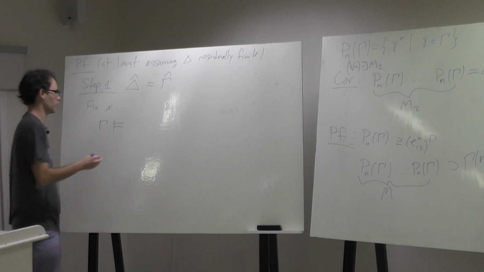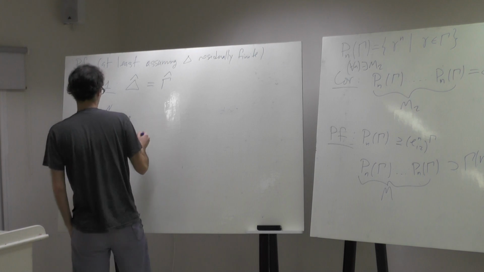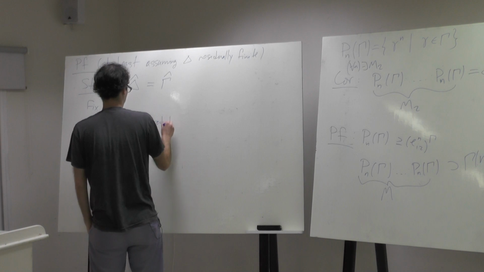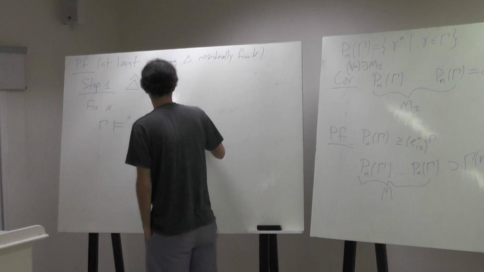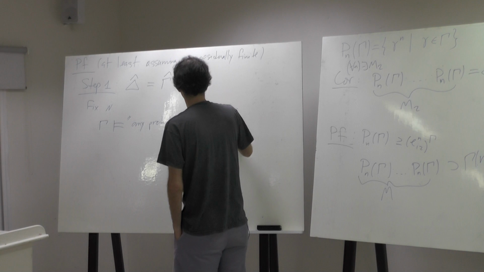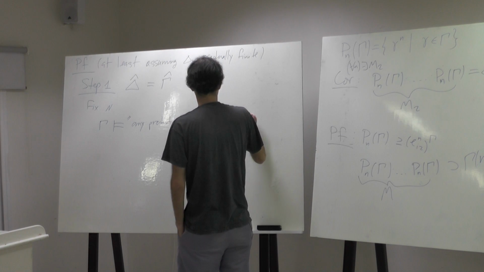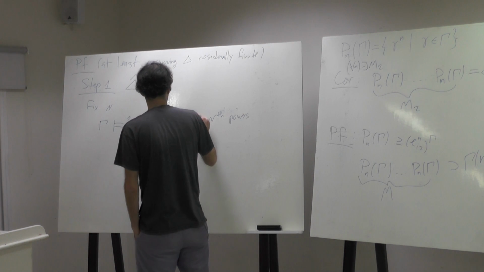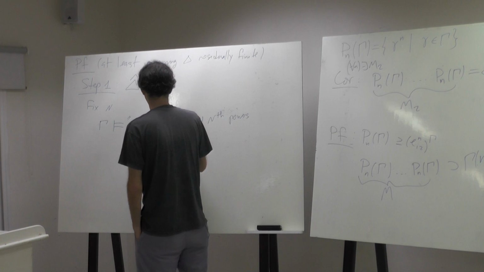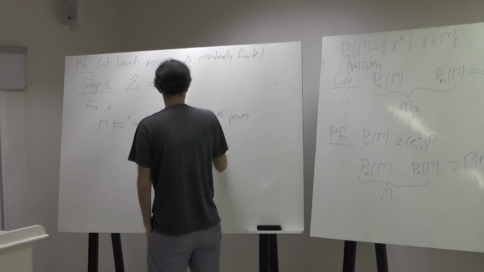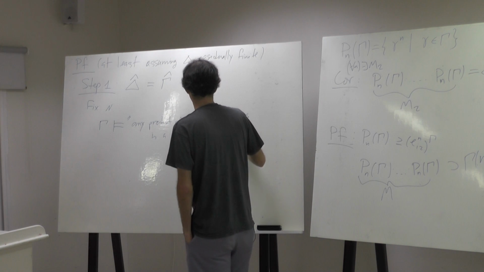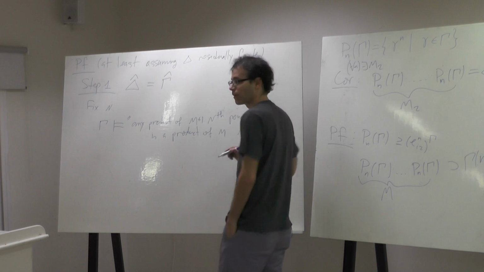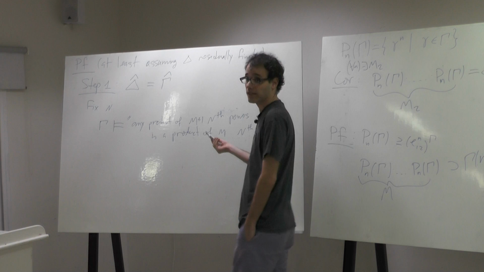I'll write it in English: any product of m+1 nth powers is a product of m nth powers. And therefore, delta also satisfies this.